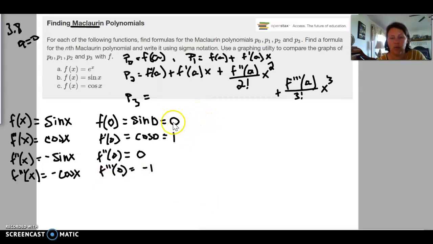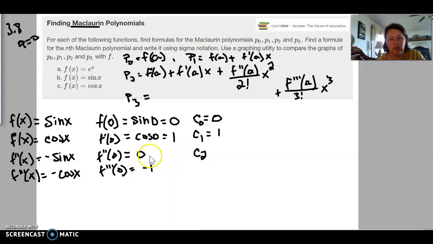Then we need to know what our coefficient for each one of these terms is going to be. So let's go ahead and list our coefficients also, including the whole thing here, the f double prime of a over 2 factorial once we get down that far. So for just f of 0, or a 0 degree polynomial, our coefficient is going to be 0. C sub 1 is going to just be 1.